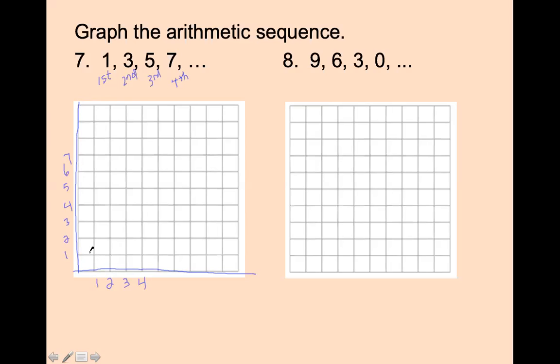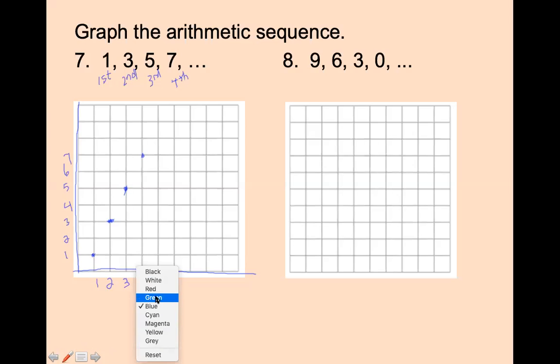So my first term is 1, so I graph the point 1, 1. My second term is 3, so I go to 2, 3. Third term is 5. And my fourth term is 7. Now, one thing that's interesting to note on this is that your common difference is your slope here. I'm going to change color for a second.